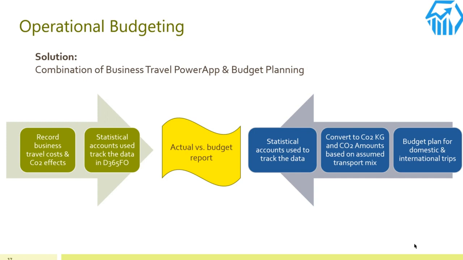We record the data and post the transactions, the kilos and the amounts, the CO2 budget amount, actual amount, on statistical accounts. Then on the right hand side, we have the budget data that we record through a budget plan, convert into CO2 kilograms and amounts, and then post them on statistical accounts so that we are at the end of the day able to run this actual versus budget report.